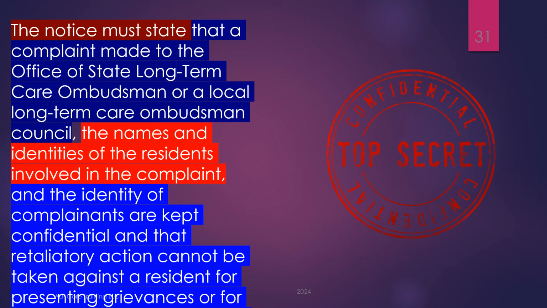The notice must state that for a complaint made to the Office of State Long-Term Care Ombudsman or a local Long-Term Care Ombudsman Council, the names and identities of the residents involved in the complaint, and the identity of complainants, are kept confidential, and that retaliatory action cannot be taken against a resident for presenting grievances or for exercising any other resident's right.